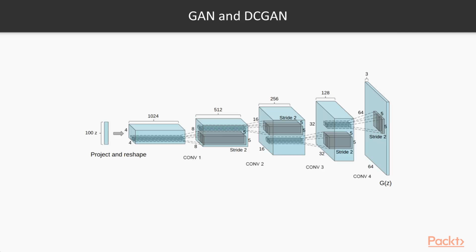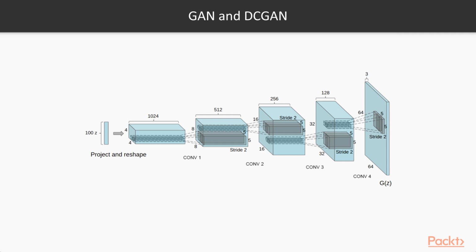Here's a diagram of a deep generative network showing how it works, particularly when generating image data. You start off with a relatively small vector, say like 100 elements. Then you do a transposed convolution. So instead of convolving to reduce dimensions, you convolve to increase the number of dimensions. You can see here we go from a 4x4 image to an 8x8 image to a 16x16 to a 32x32 to a 64x64.